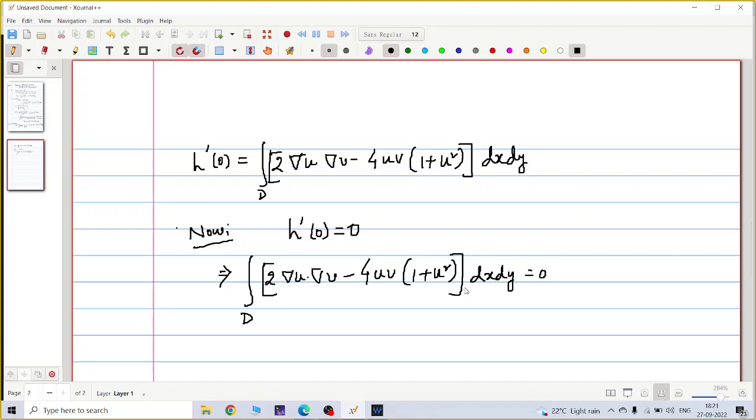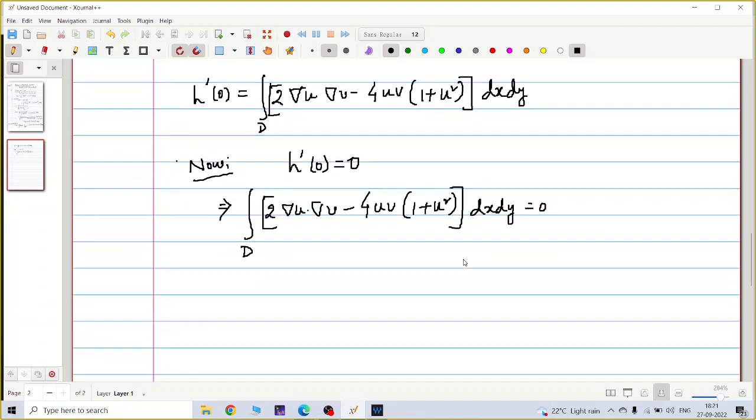Now I will integrate by parts to get the required PDE. This is true for all v. So now integrate it by parts.